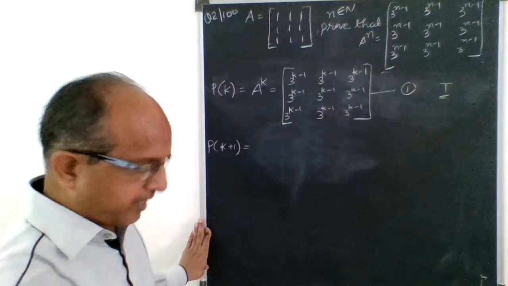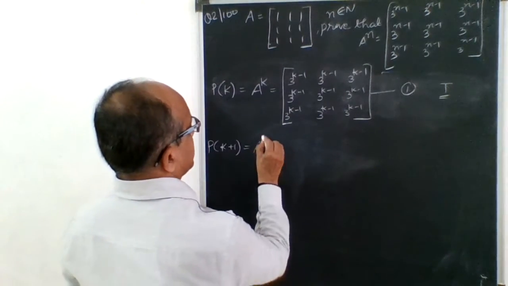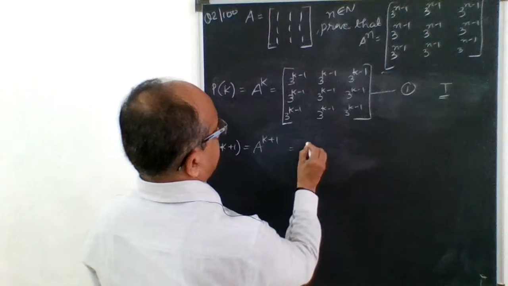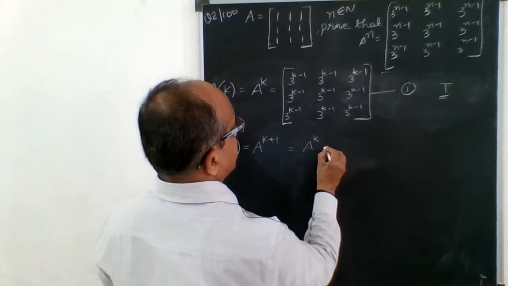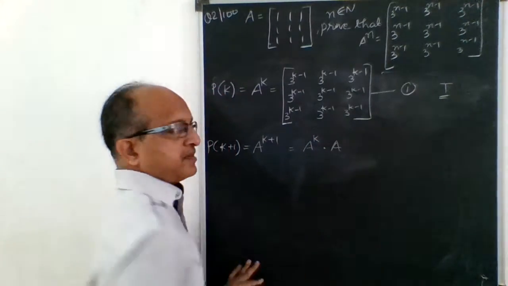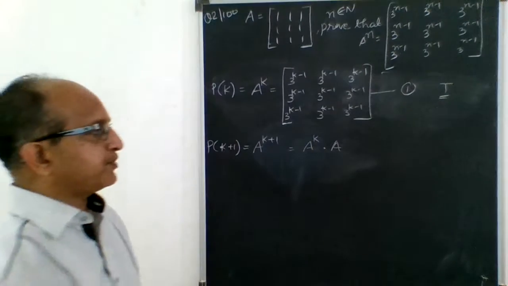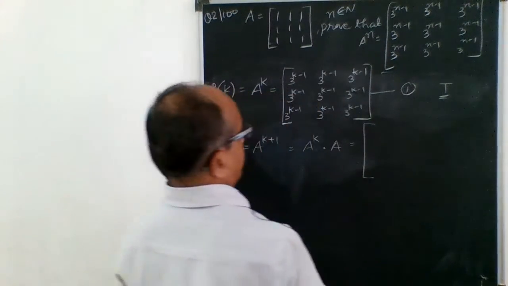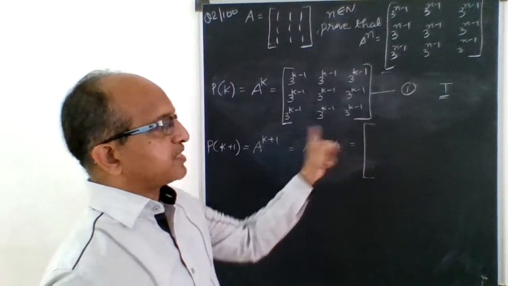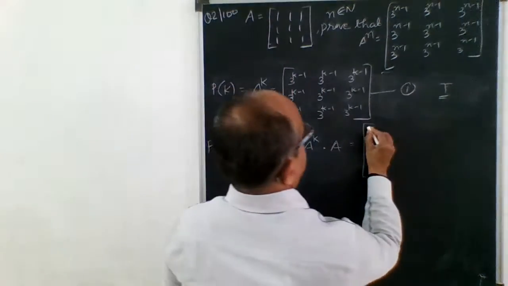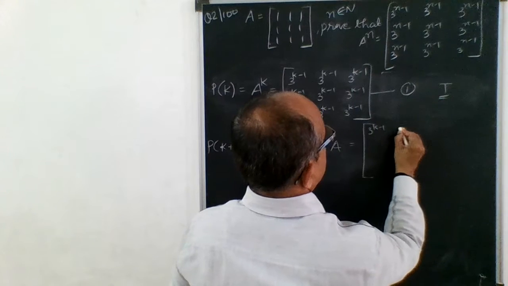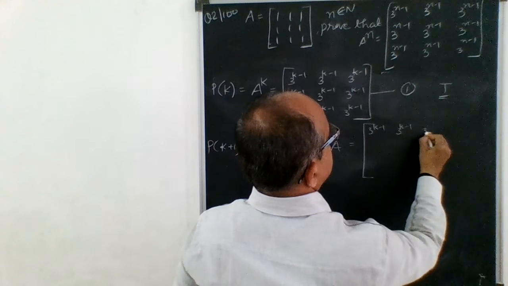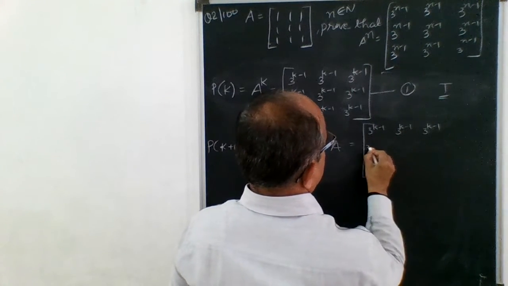A raised to k plus 1 can be written as A raised to k into A, by following the rules of exponents. So A raised to k is 3 raised to k minus 1.